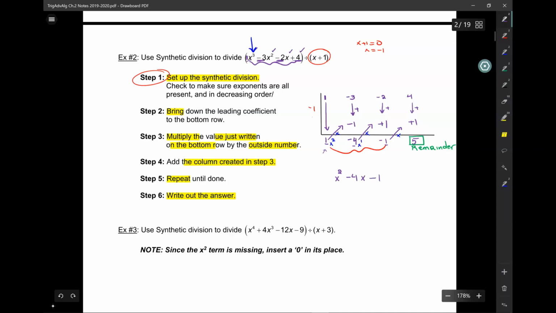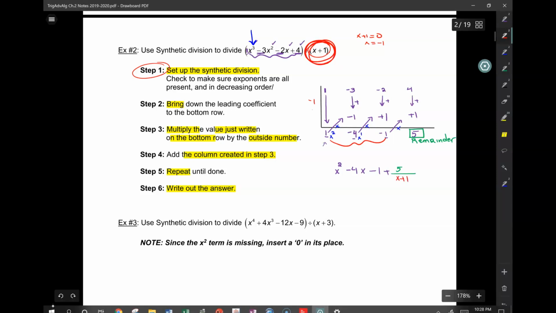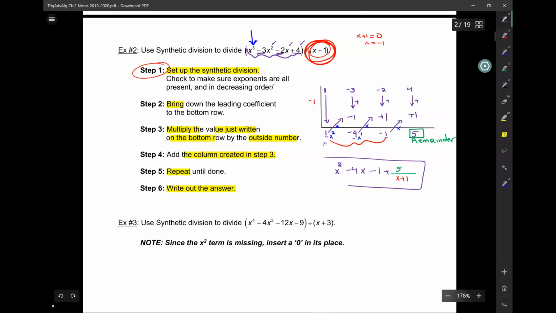So it's just these coefficients, plus the remainder 5 over this here, x plus 1. So that is my answer.